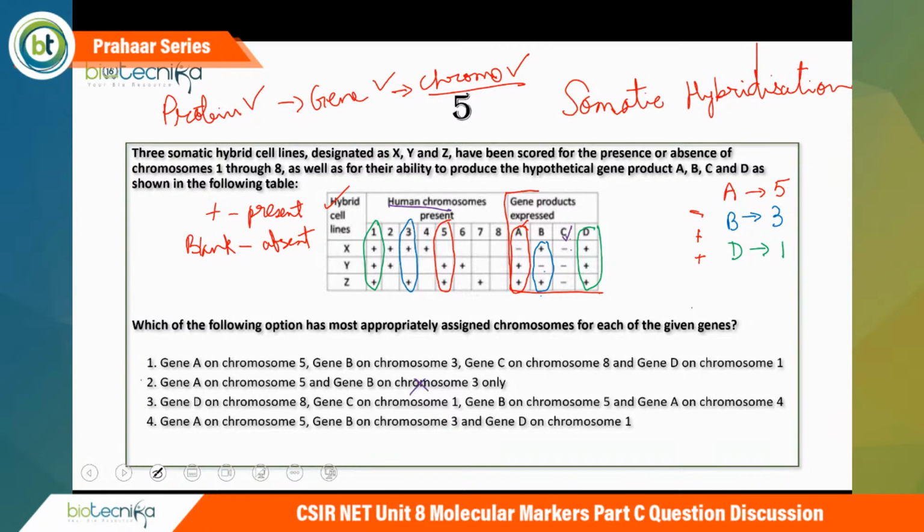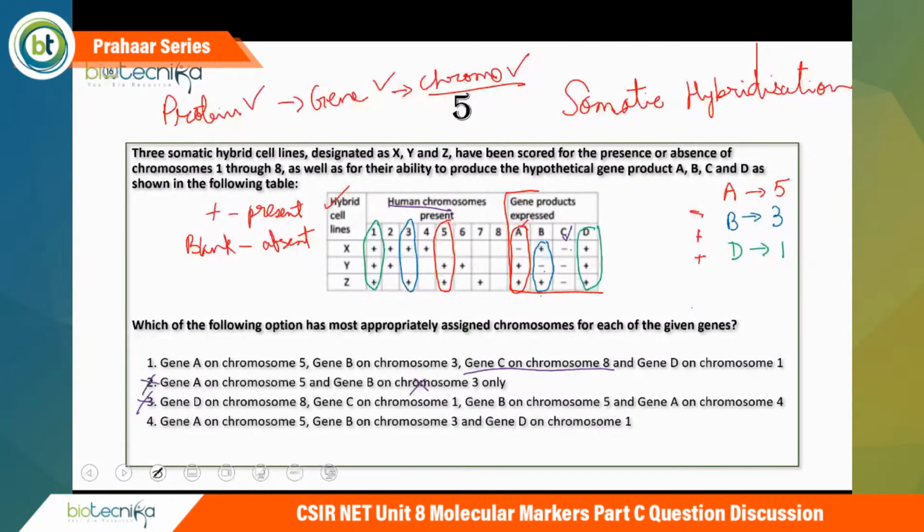So you can eliminate options 2 and 3. A on 5, B on 3, and D on 1 is given in both option 1 and option 4. What is different here? Option 1 says that C is on chromosome 8. Option 4 does not say anything about gene C, so that only is correct.